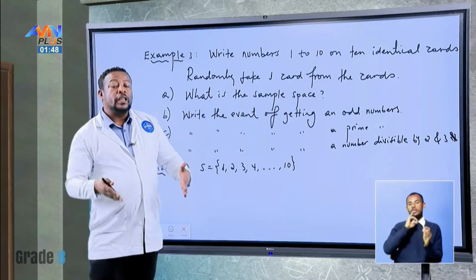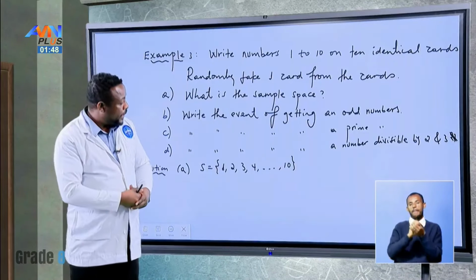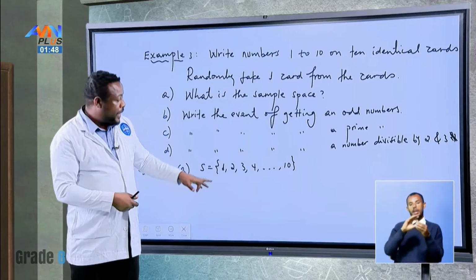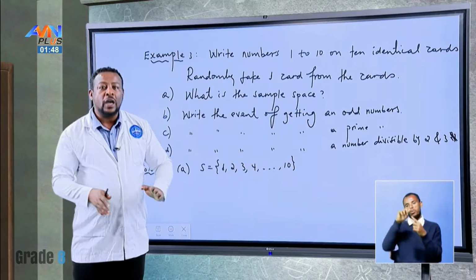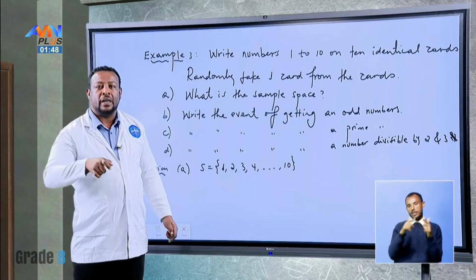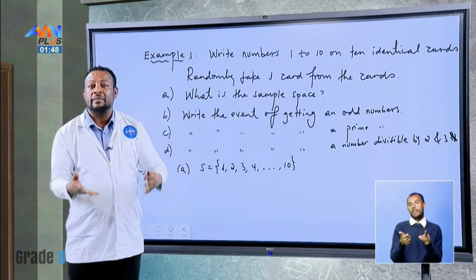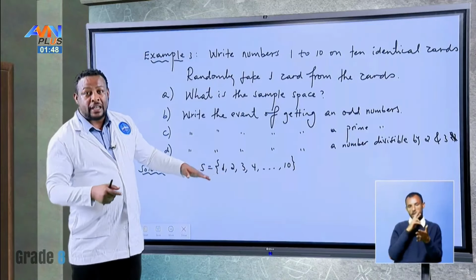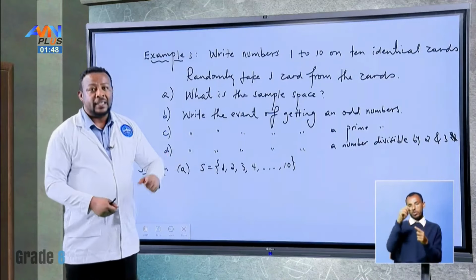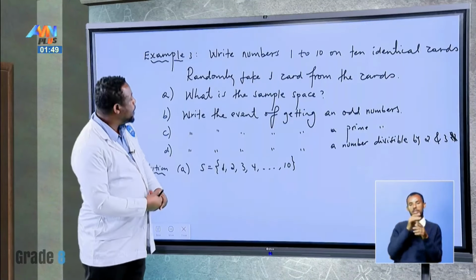Because all the possibilities in that random taking will be numbers from 1 or 2 up to 10. You cannot have a chance to pick 11 or 12 because we don't have a number 11 in the experiment. So these are the possibilities that you can pick. So that is the sample space. Okay, so this is the answer for A part.